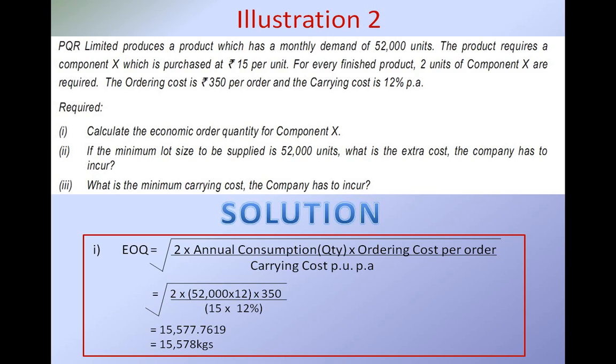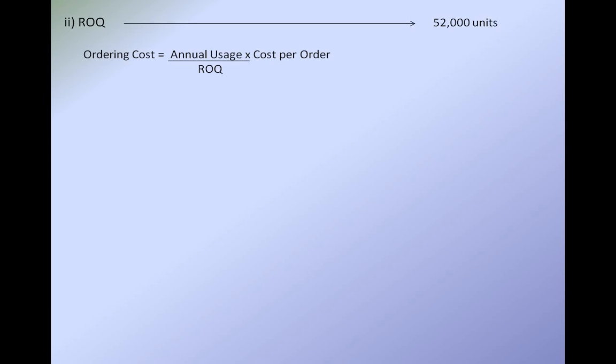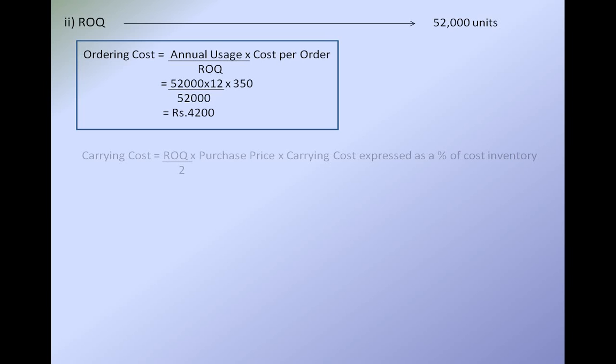So to find out the extra cost incurred, first let's find out what the ordering cost and carrying cost would be for 52,000 units. So when the reorder quantity is 52,000 units, the ordering cost, the formula is annual usage divided by reorder quantity into cost per order, is 4,200 rupees. The carrying cost would be, this is the formula, if you remember, reorder quantity divided by 2 into purchase price into the carrying cost expressed as a percentage, and use the figures.